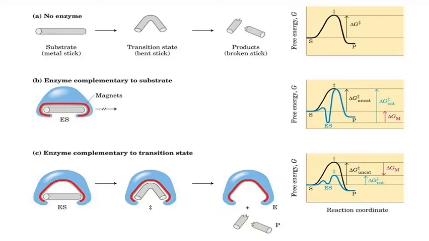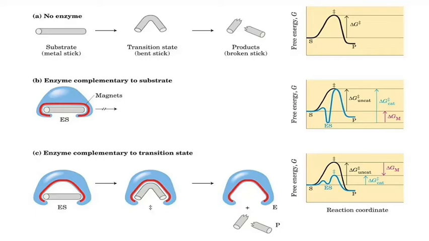Now, the bending is inhibited by the magnetic attraction between the stick and stickase, as a result of which the substrate cannot undergo the transition state easily, and in the end of the reaction only a few product is formed, but in this case also there is an increase in the activation energy.